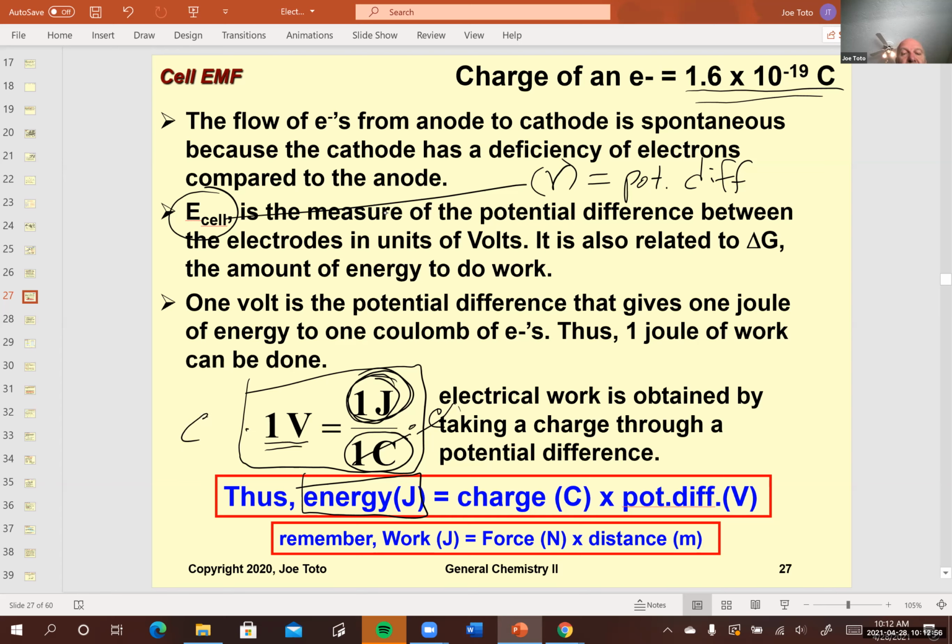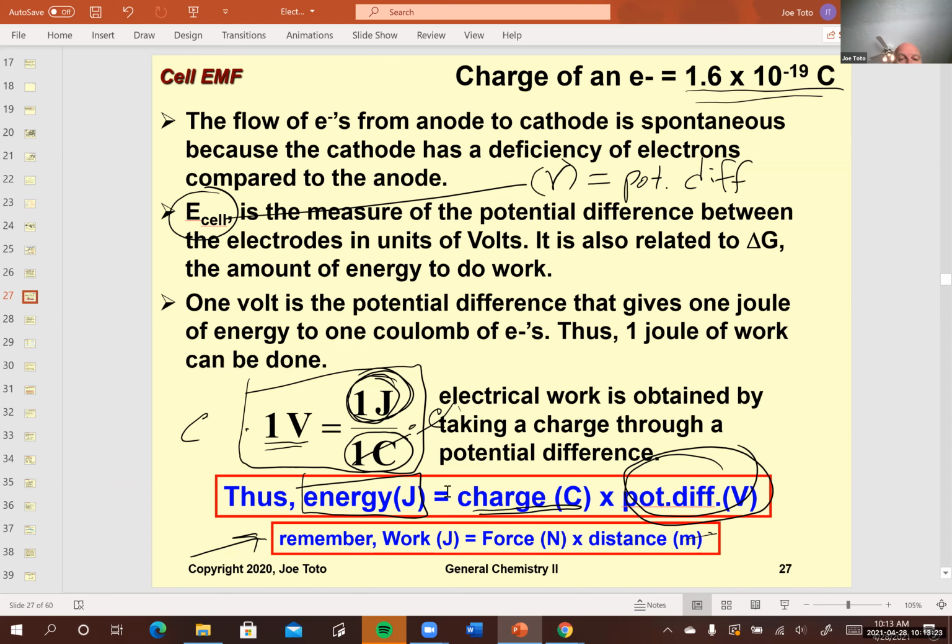The energy is a charge through a potential difference, much like you learned in physics, where work is a force through a distance. So we're using this charge going through a potential difference giving rise to energy.